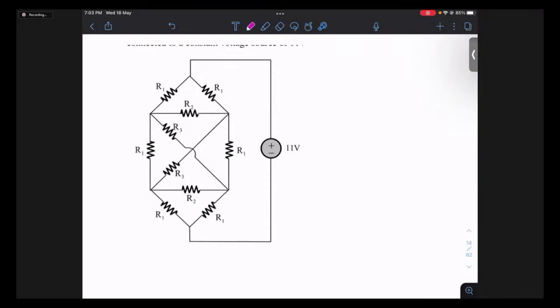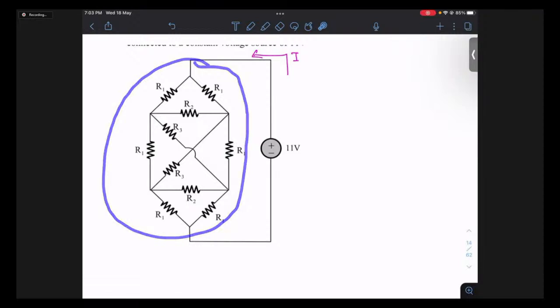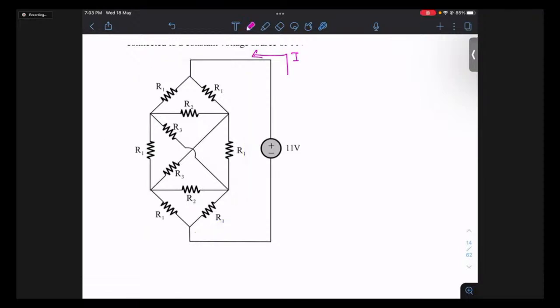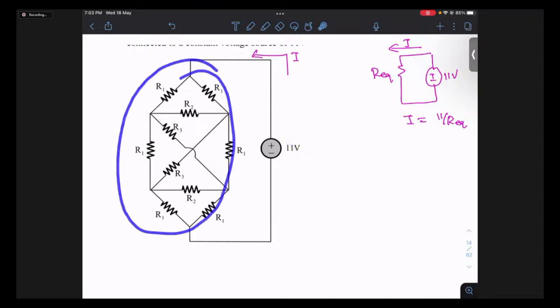In the question, we are supposed to find the current. So what I'll be doing is replacing this segment by its equivalent resistance. If I do it, this circuit will be replaced by an 11 volt source and R equivalent. And this current I, which you want to find, will be given by 11 divided by R equivalent, the voltage source divided by this equivalent resistance.